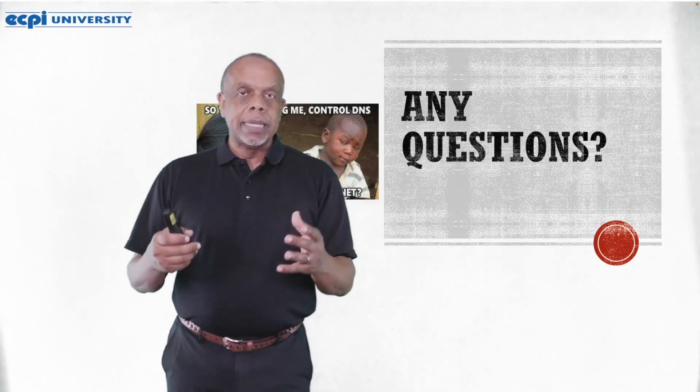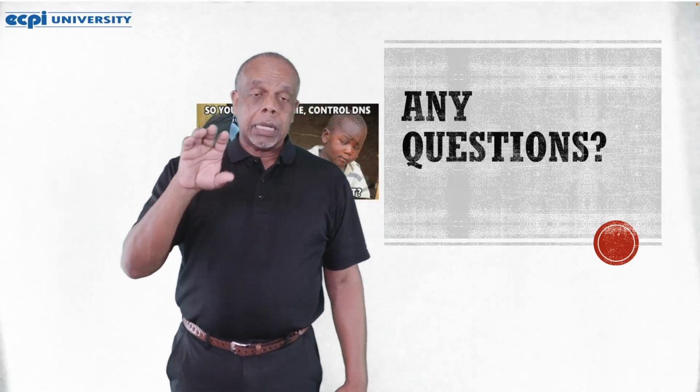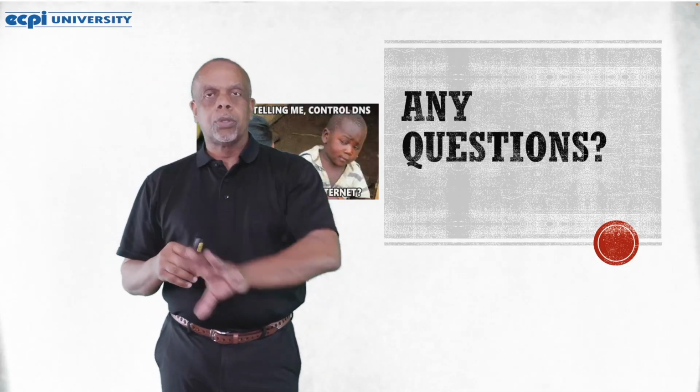We talked about what a fully qualified domain name is, which is the computer name plus the domain that it's on. Then we went through the different types of servers, from the root server, to the .com or .edu, which are your top level domain name servers, all the way down to the second level domain name servers, your ecpi.edu or cisco.com. We took you through a short scenario.